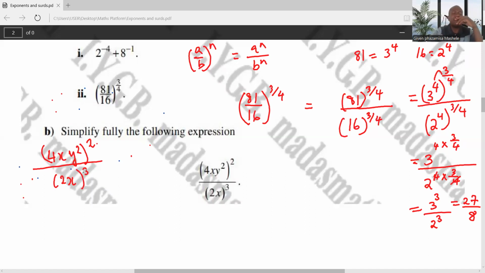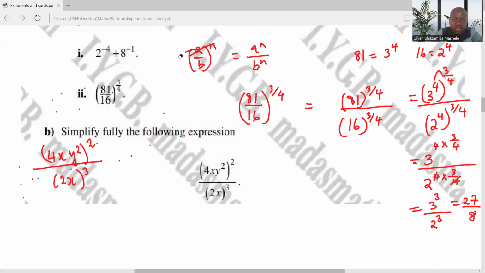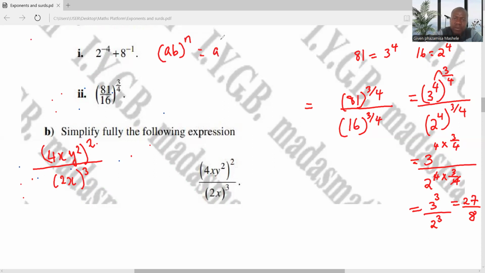So what we can do here is to simplify. We learned about the laws of exponent. One law of exponent that we dealt with says that if you have multiple bases, like a times b to the power of n, this is the same as a to the power of n times b to the power of n, even if it's more than 2.